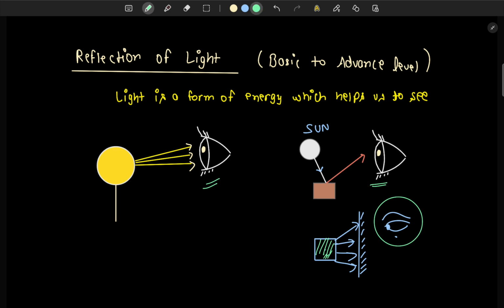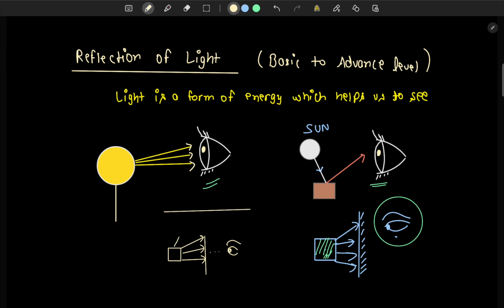Let me show you that if there is a wall, suppose this is a wall. Okay, and I am here. This is the object. So the rays from the object, all the rays will be stopped. No ray is able to reach the person. Okay, what I am going to do is I am going to put a mirror here.